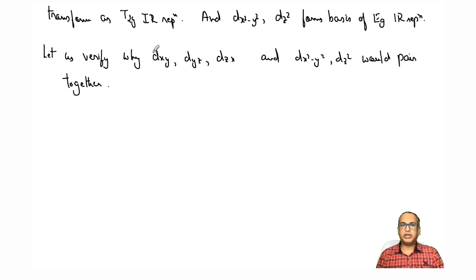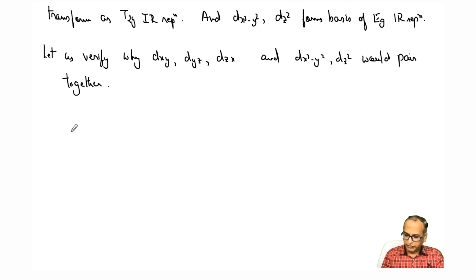So a symmetry operation commutes with the Hamiltonian, so you don't change the energy of that orbital. So if we apply any symmetry operation under OH and it gets converted into dyz or dzx, then we are sure that these three have the same energy because they are interconvertible by a symmetry operation. Similarly, if these two are interconvertible by a symmetry operation of the OH point group, then they will also have the same energy. So we can say that these will be degenerate.